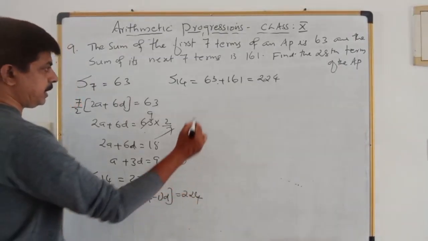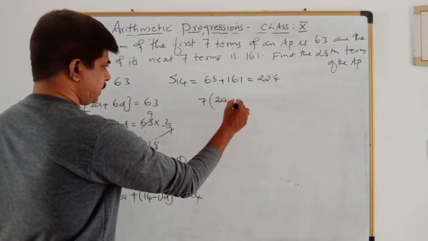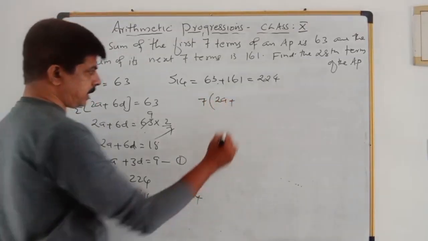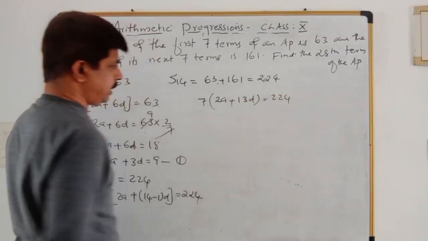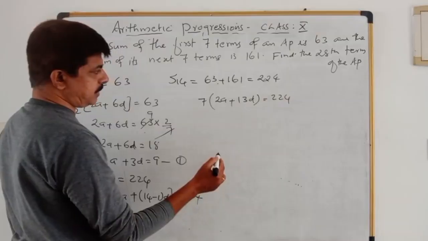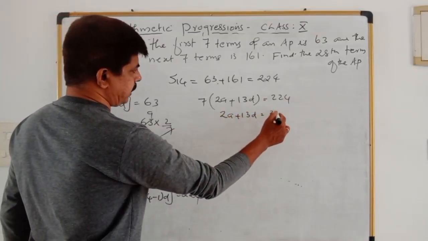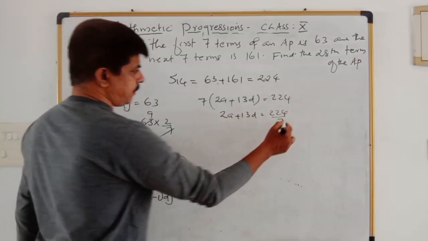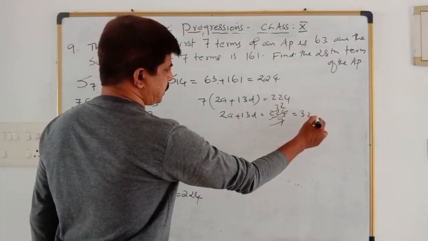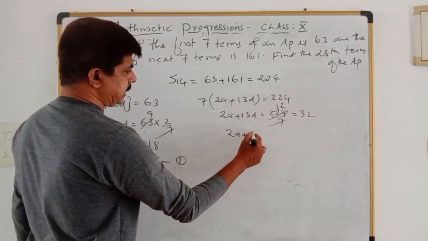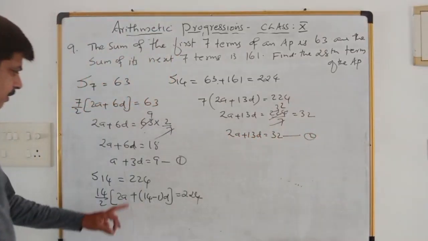So 7 into (2a plus 13d) is equal to 224. 7 is divisible there. 2a plus 13d is equal to 224 by 7. 7 threes are 21, 14, 7 twos. So it is 32. 2a plus 13d is 32.